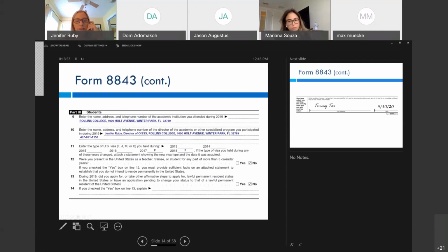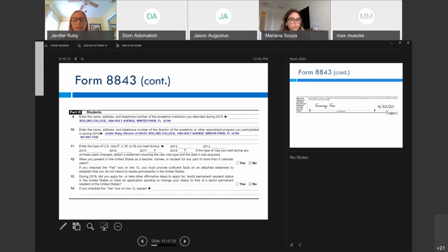And then item 12 asks you whether you were present in the US as a teacher, trainee, or student for any part of more than 5 calendar years. And that's where they're starting to very specifically ask you to determine whether or not you are a resident for tax purposes or a non-resident.